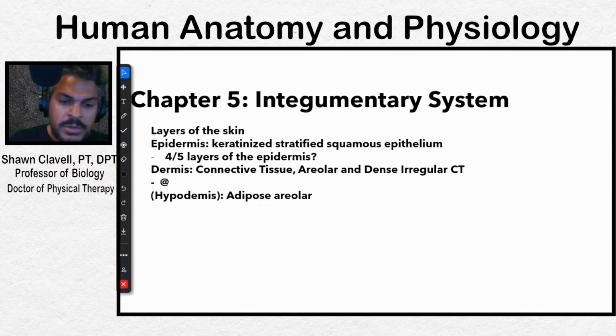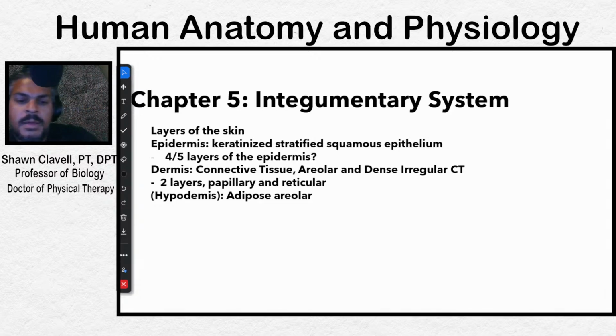Oh, there are 2 layers of the dermis, and that's what I wanted to mention first: the papillary and reticular. The papillary layer is the more superficial region. It's comprised of areolar connective tissue. The deeper layer is the reticular layer. It is comprised of dense irregular connective tissue.